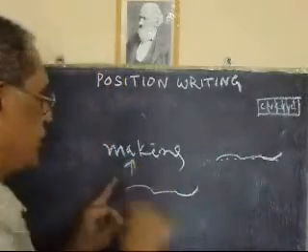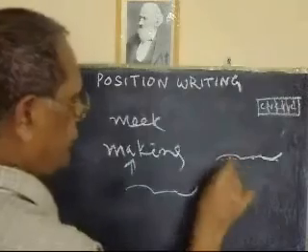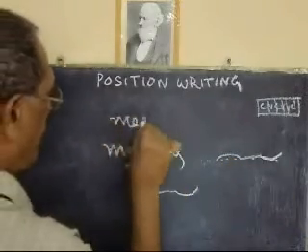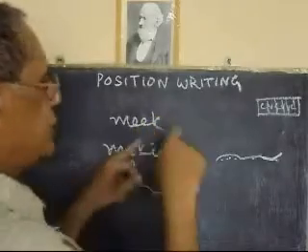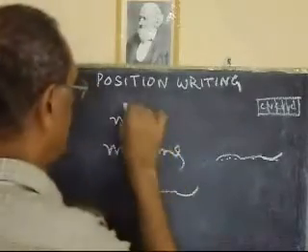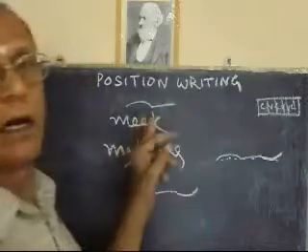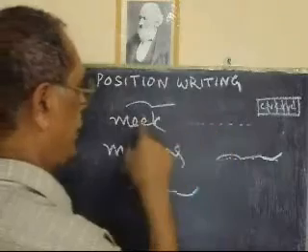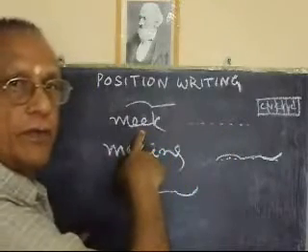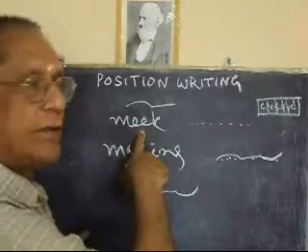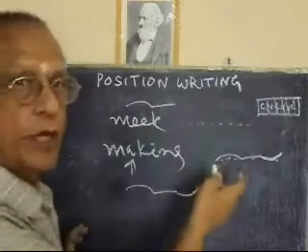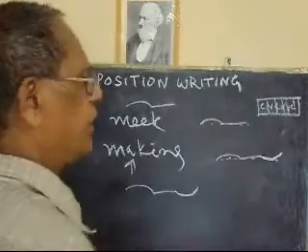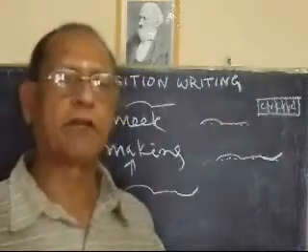The first sound is A. Suppose, meek. The first sound is E. But the strokes are only horizontal strokes. Therefore, even if the first sound is a third place vowel, if there is no upstroke or downstroke, you will have to write in the second position only, because the horizontal stroke cannot be written through the line.